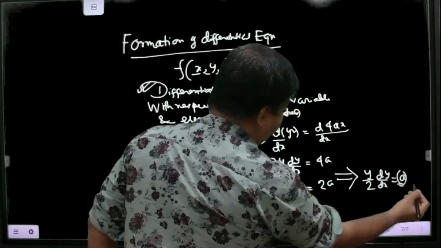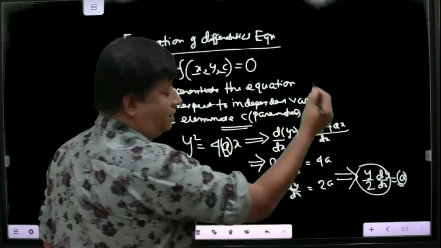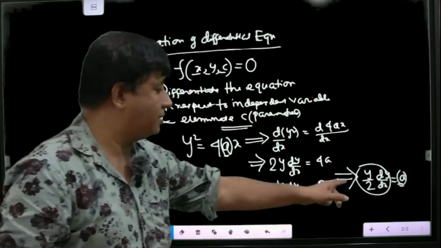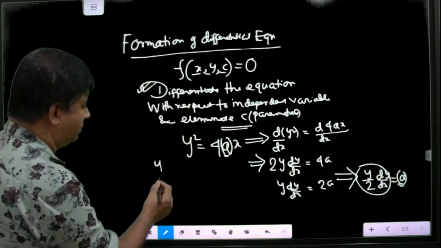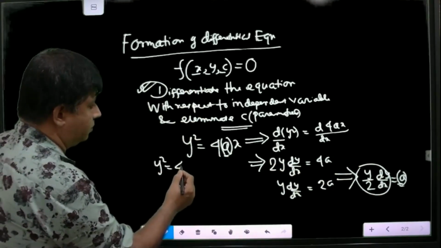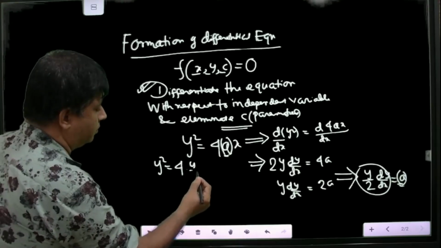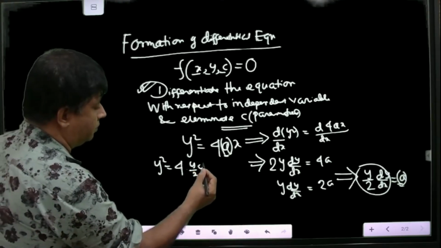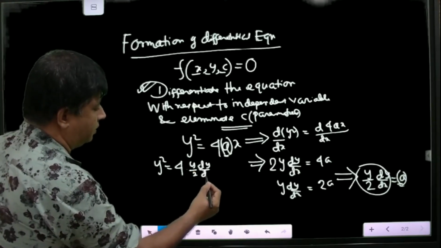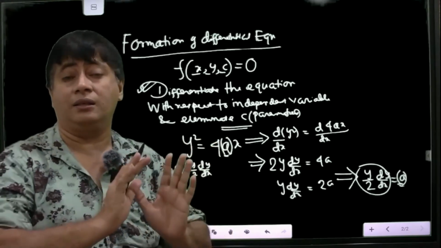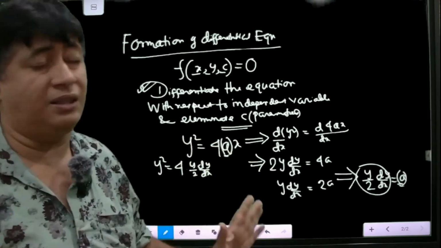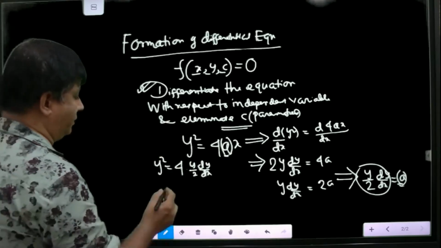What is a? a is derived just now and we got this result. You plug this value and put it here. See, the parameter a is eradicated. The parameter a is eliminated.